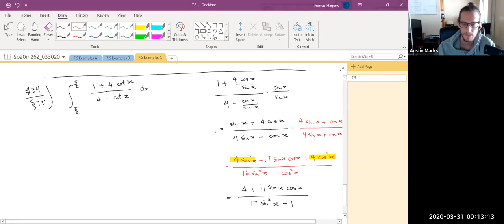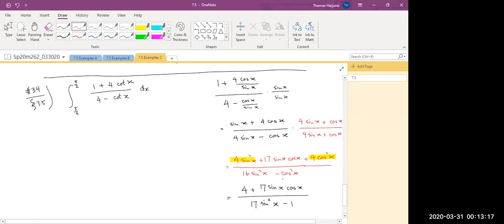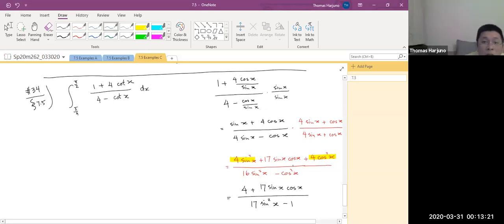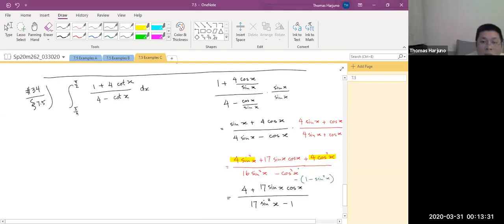Okay, right. But the negative cosine squared doesn't just subtract it. It will be minus (1 minus sine squared x). Okay, so negative and negative give us another sine squared. So hopefully we go closer to what we need.